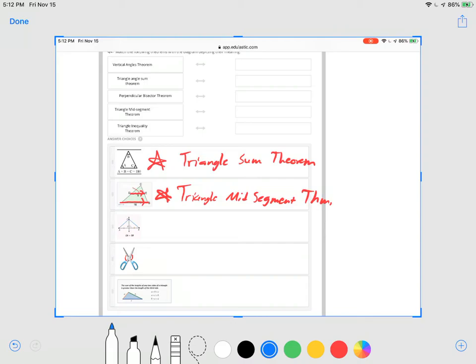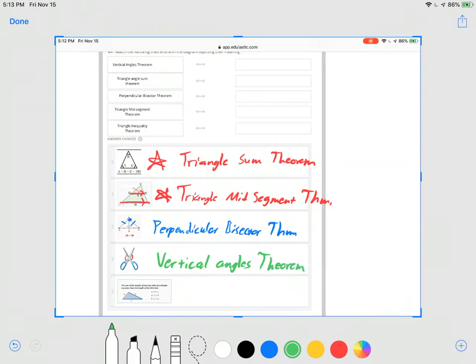This third picture is depicting the perpendicular bisector theorem. That's because C right here is the same distance away from both endpoints of the line segment. So therefore it has to be on the perpendicular bisector of the line segment AB. Okay, this one is depicting the vertical angles theorem.